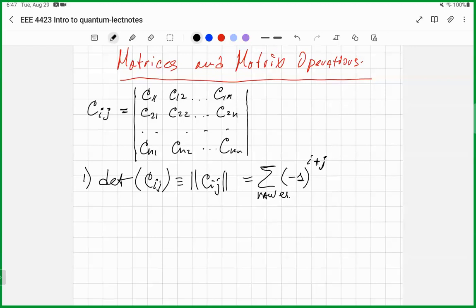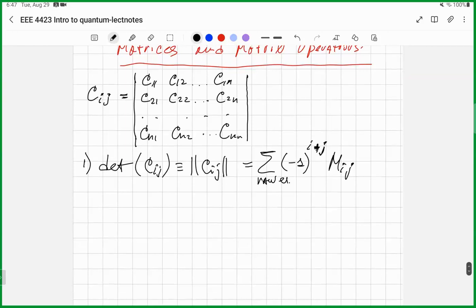Again, if i plus j is even, it is plus. If i plus j is odd, it's minus. And times minors, M_ij. So this is the minor representation of the determinant. And again, I repeat why the determinant is important: it represents the thing that doesn't change upon transformation of coordinate system. So it's an invariant of the matrix.